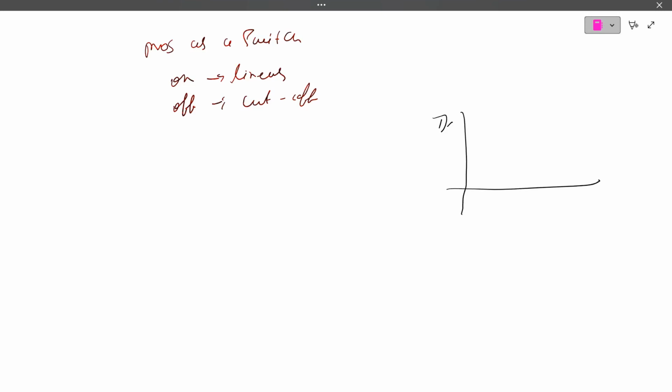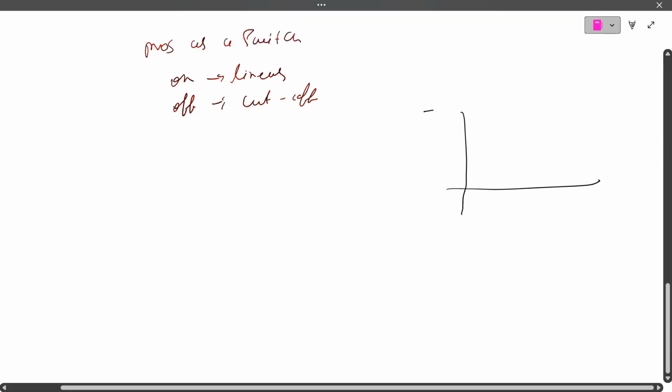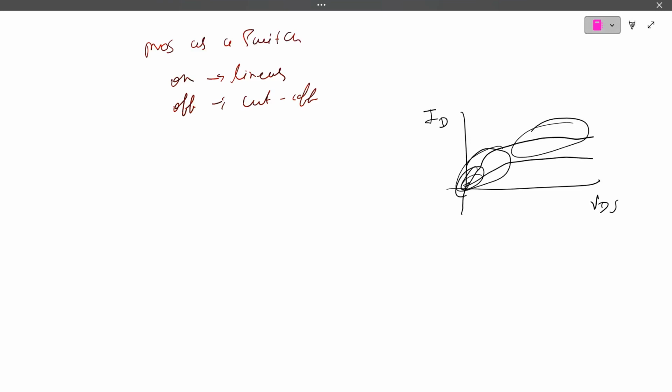This is the ID graph, and this is VDS. It will look like this. This is the linear region, this is the saturation region, and this is the cutoff region, right? So in the linear region, what is the slope? 1 by Ron.